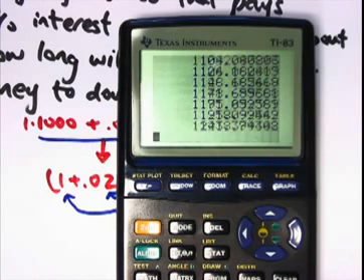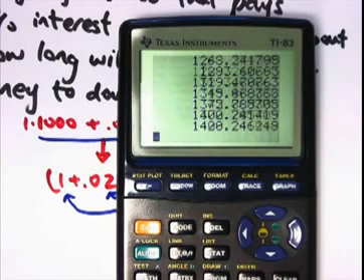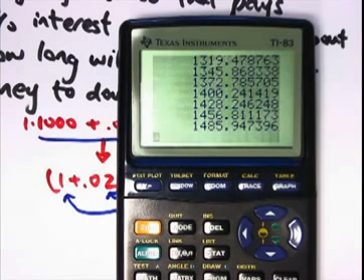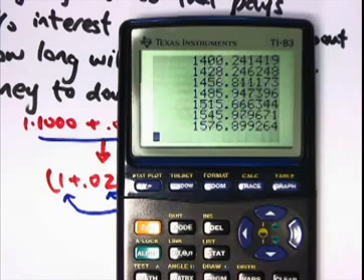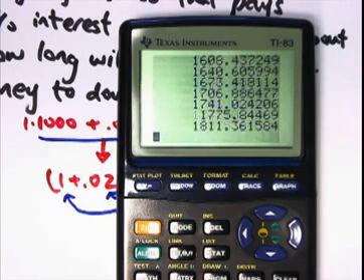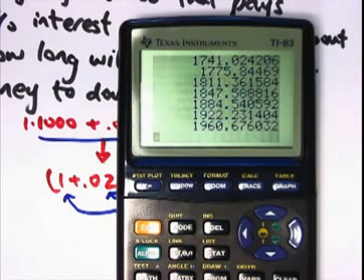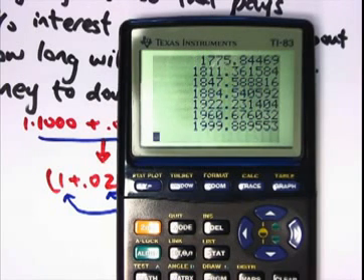Yeah, let's keep going. 11, 12, 13, 14, 15, 16, 17, 18, 19, 20, 21, 22, 23, 24, 25, 26, 27, 28, 29, 30, 31, 32, getting close, 33, 34, 35 is really close. Effectively, it's doubled after about 35 years.